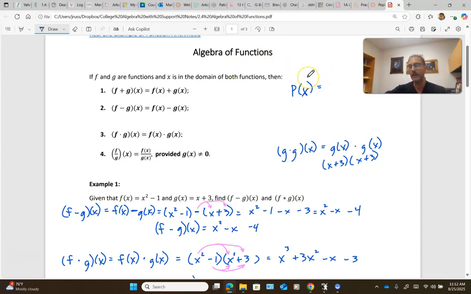Could I plug in like 1.5? Would that make sense? It would make sense if we're talking about cups of lemonade. I mean, I guess it sort of would. You could say, well, that means 1.5 cups. But typically you would sell it by the whole cup. Could you plug in negative values of x?